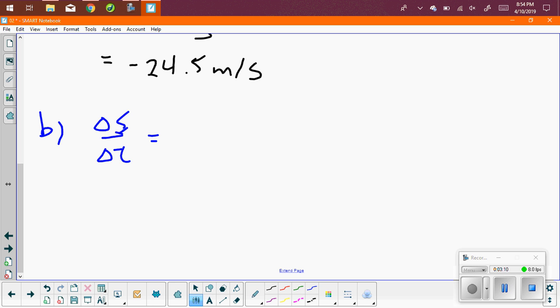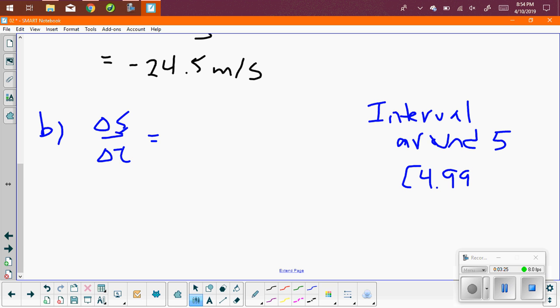So the first one might have been to do a little interval around that time. So an interval around 5. Maybe I'm going to pick something really tiny. I'm going to go from 4.99 to 5.01.